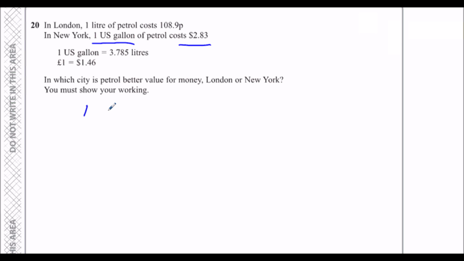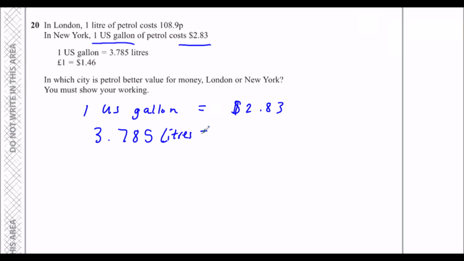So we've got 1 US gallon costing $2.83, and 1 US gallon is 3.785 litres. So I'll put 3.785 litres costs $2.83.